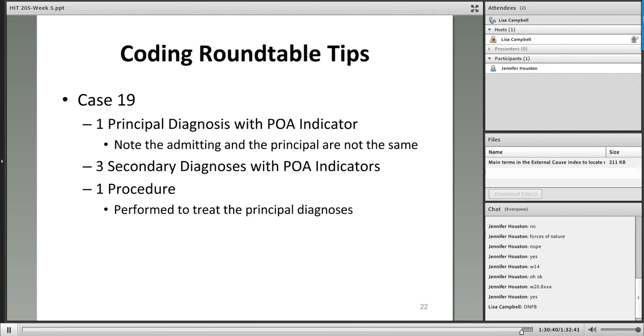If they explore and then do something more definitive, remember, instead of coding it as an inspection procedure, we're going to code the more definitive procedure. And in this case, it would be the excision of the right testicular appendix. It wouldn't be a resection because they didn't take out the whole testes. They just took out the testicular appendix.